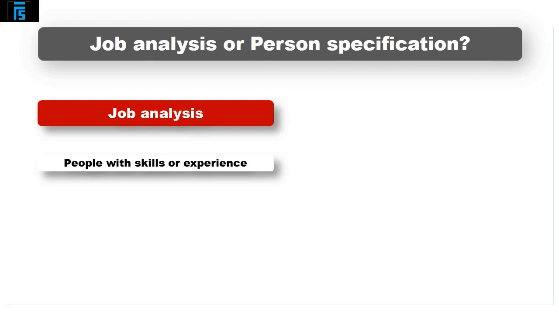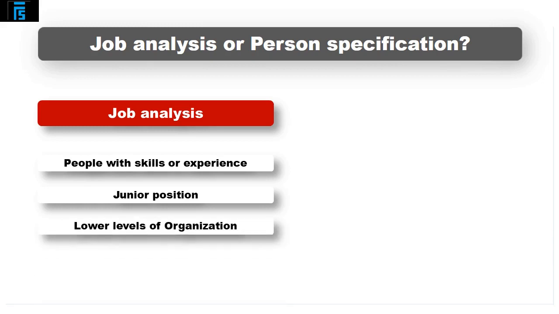In lots of organisations, particularly at the lower end, the more junior positions, often they are based on job analysis. So if you take this job, these are the tasks that you will have to do, which means we can recruit people who've done them before. So job analysis, you often find down at the lower levels of the organisation.